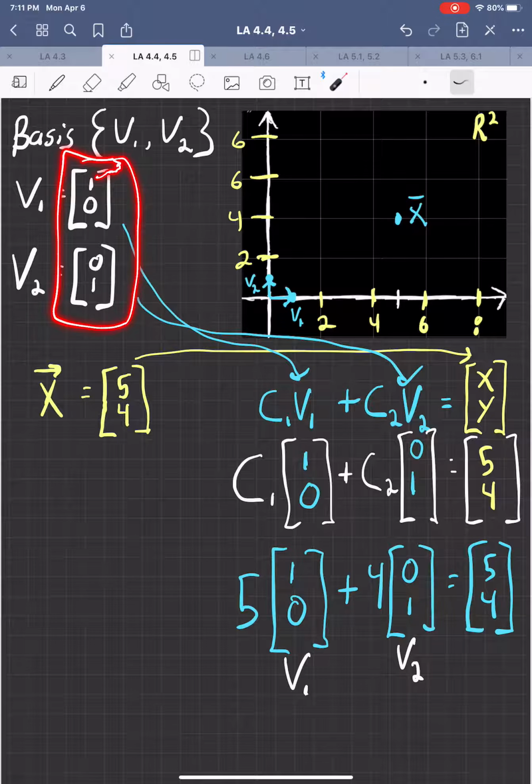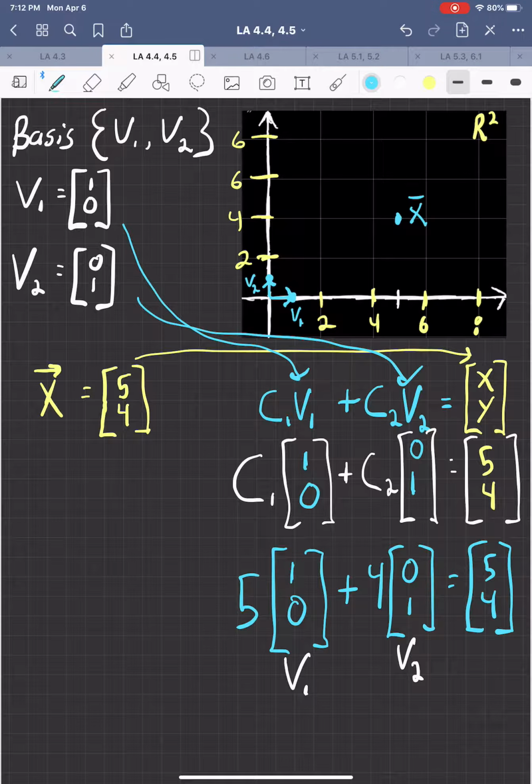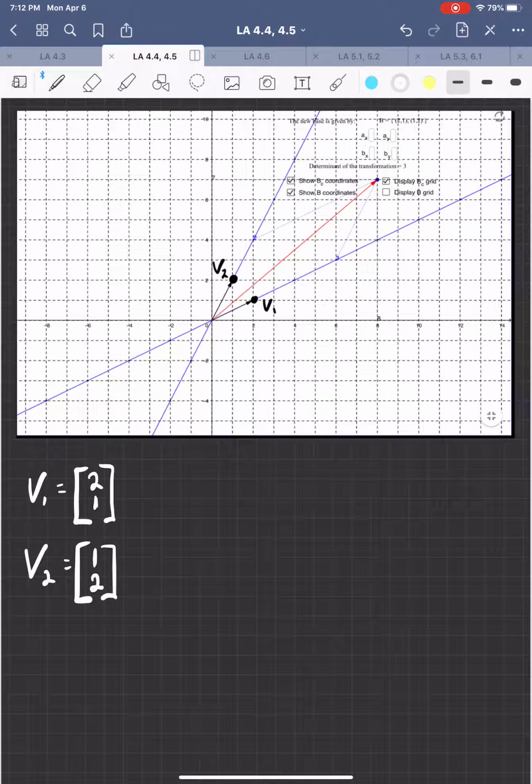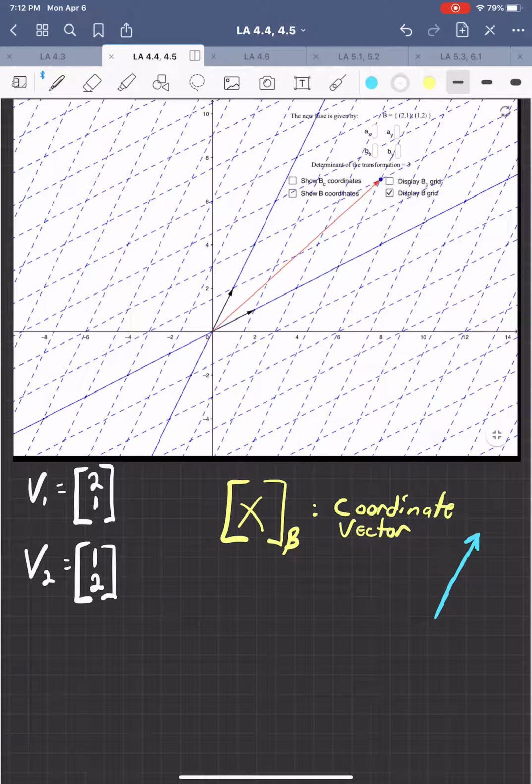But let's imagine now you were in, let's go back in time. So you're in middle school, you're sitting down, you've been plotting points like the points that we just plotted, where you move over 5 and up 4, and then all of a sudden your teacher brings you some new graphing paper, right? And in this case, the new graphing paper looks like this.